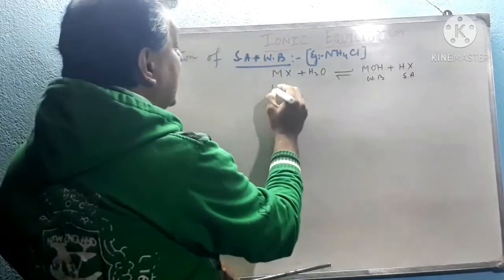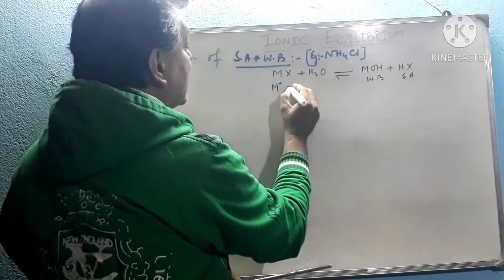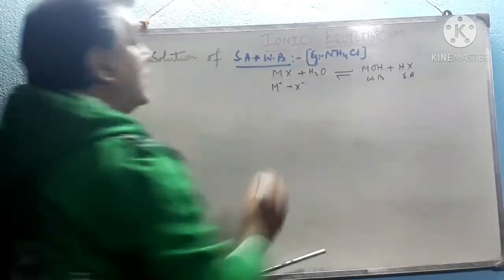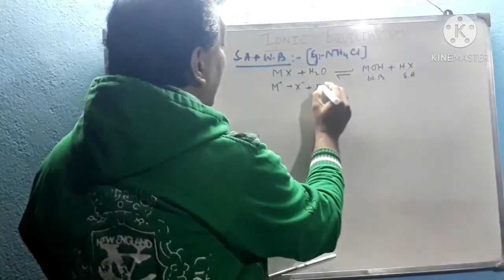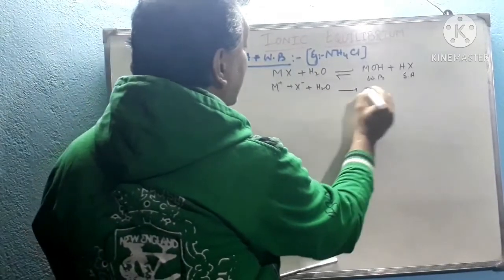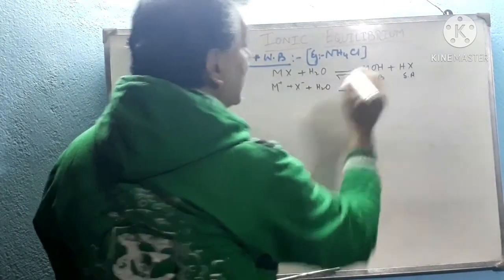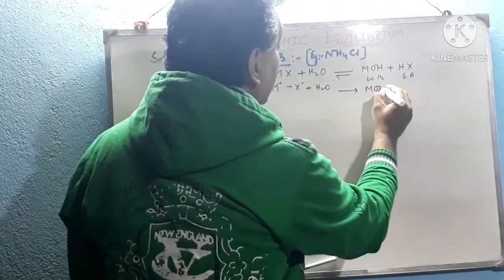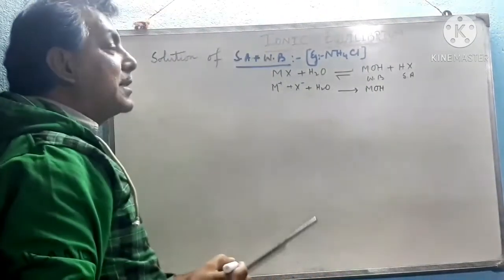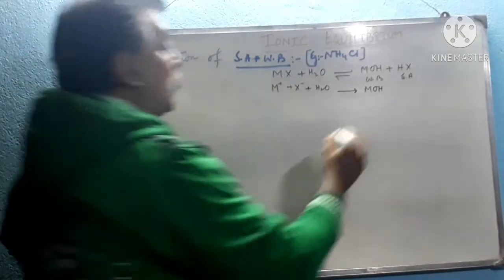So we can write this expression like this: M plus X minus, because in its aqueous solution it dissociates like this, M plus and X minus. These two in its aqueous solution form MOH, because it is a weak base, it doesn't get ionized completely, hence it remains in its molecular state in its aqueous solution, MOH.